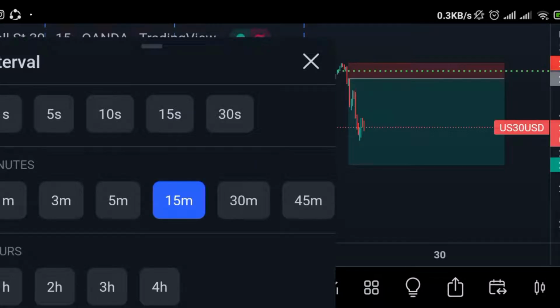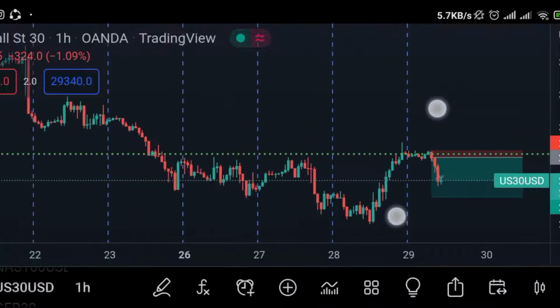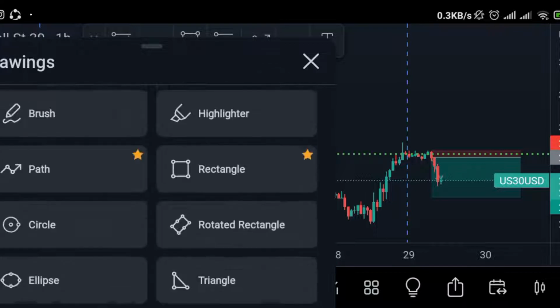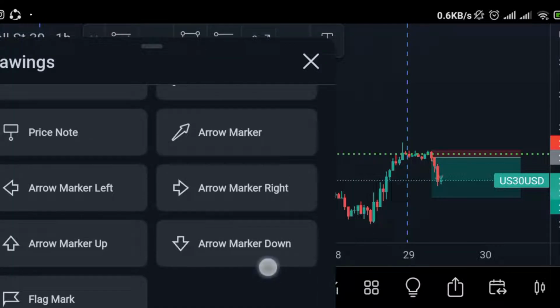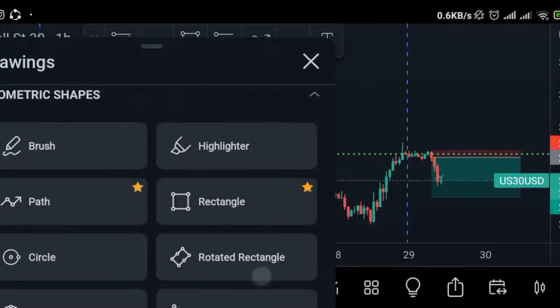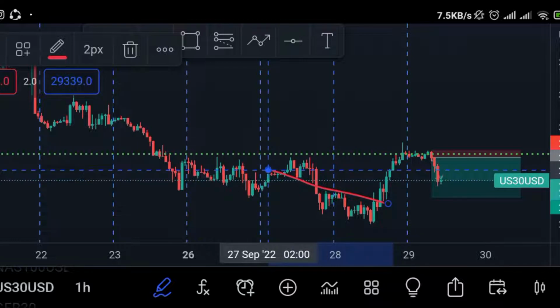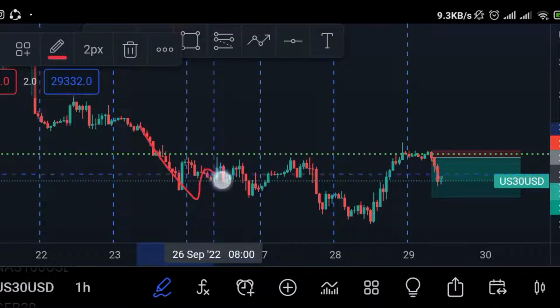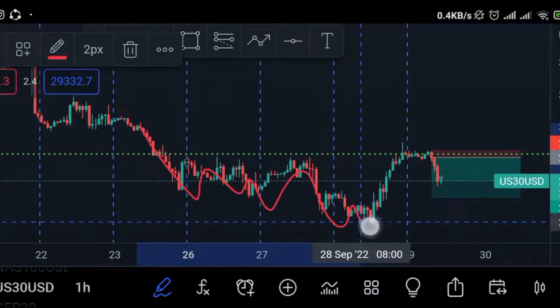What I simply did is focus on price action, on the nature of how price moves. In this case, we had a downtrend from the 26th.